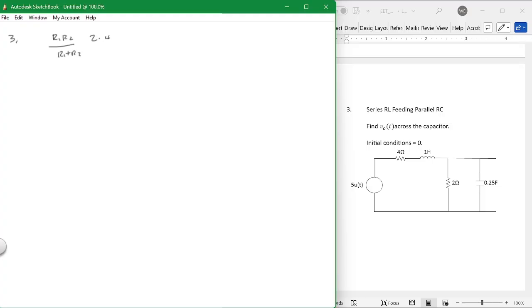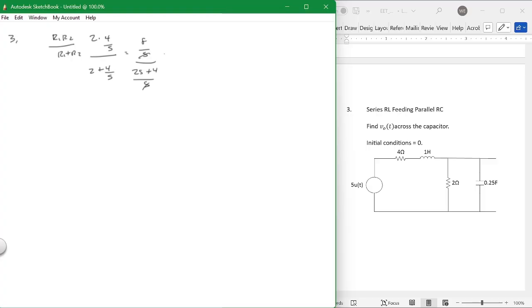4 over S over 2 plus 4 over S. So now you've got to find, so it's 8 over S over 2S plus 4 over S. Does everybody see that?